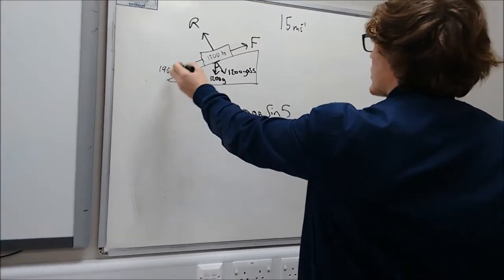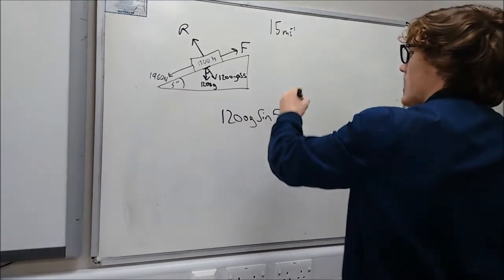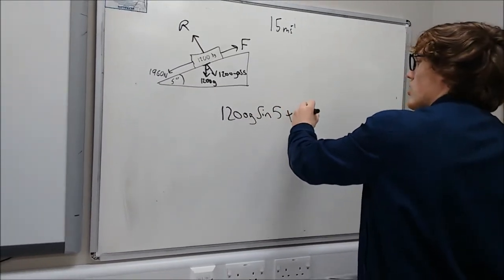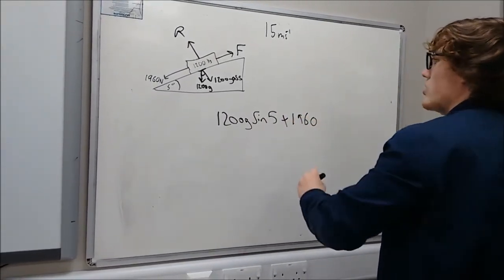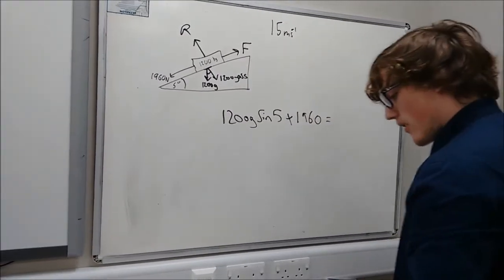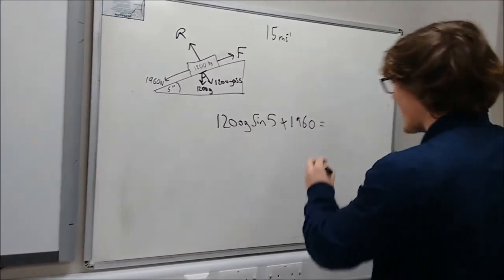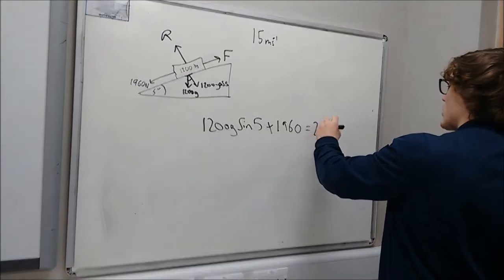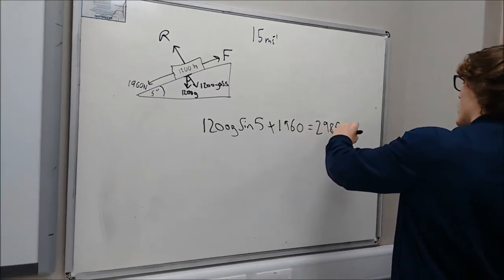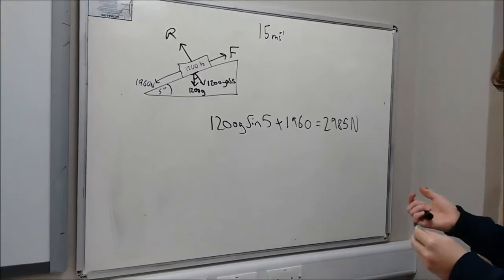And then we need to add this force, equilibrium, so we know this force is the same as this one, so we need to plus the 1960 newtons, and then all of that added together should give us an answer of 2,984, rounded up to 2,985 newtons, and that is our driving force.